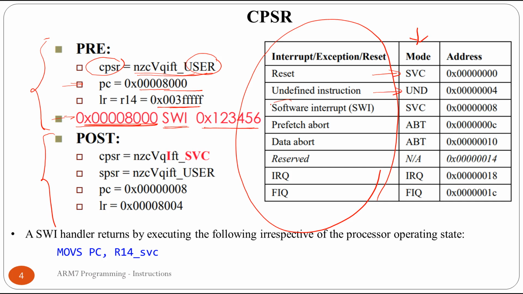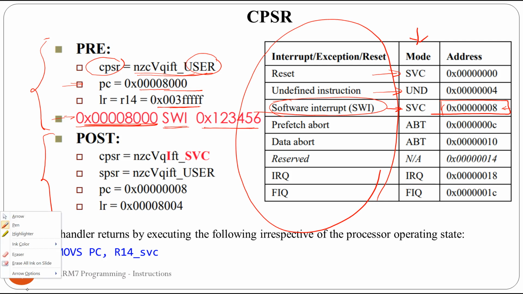Similarly, whenever a software interrupt occurs, the processor will enter the supervisor mode. For this mode, we have this location in the interrupt vector table, where supervisor control software interrupt related instructions are stored.